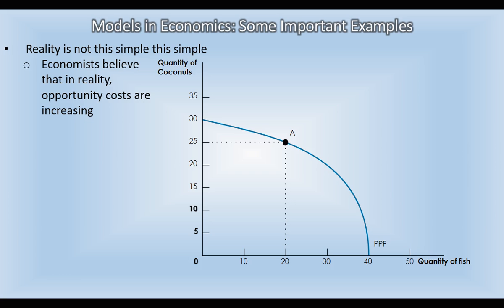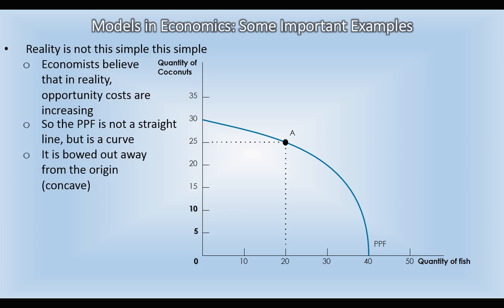And that reflects that more realistic aspect of reality, that when you're trying to reallocate productive resources, some of them aren't going to work as well as those that are meant to do whatever you're intending them to do. So the PPF therefore is not a straight line but a curve, as you see here. It's bowed out away from the origin. It's also called concave when it looks like this.